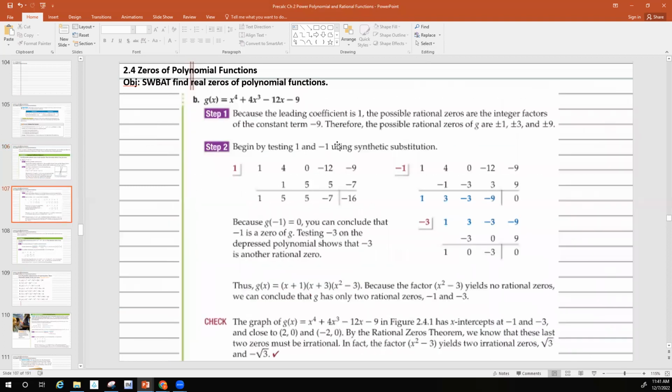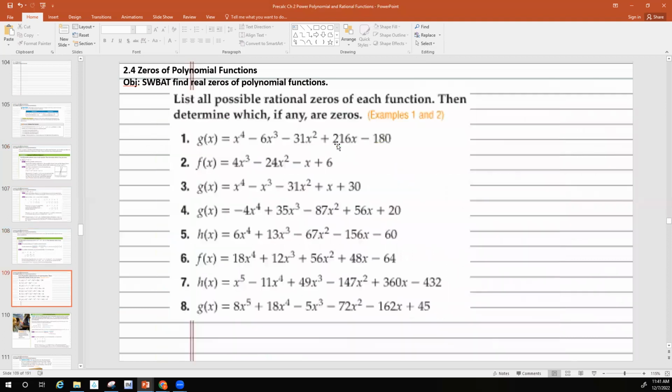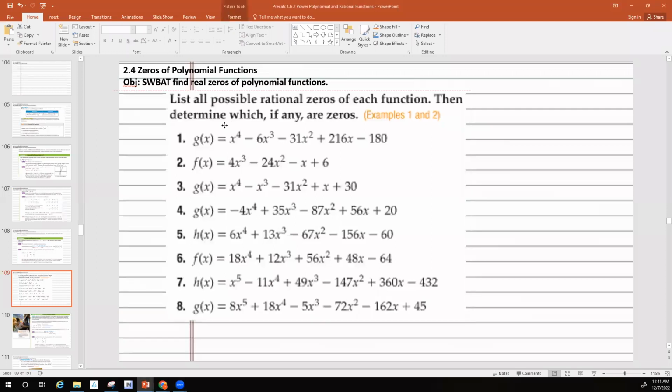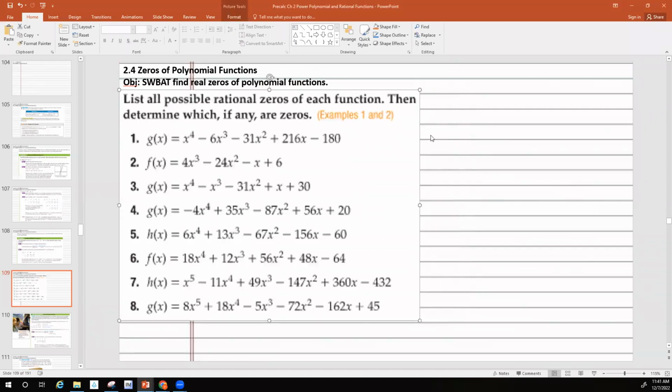So let's look at this one over here. Here we're going to list all the possible rational zeros of each function and determine which, if any, are zeros. And you're going to see a lot. Let's get 6.